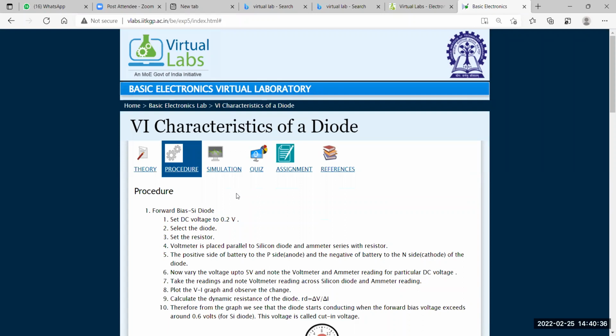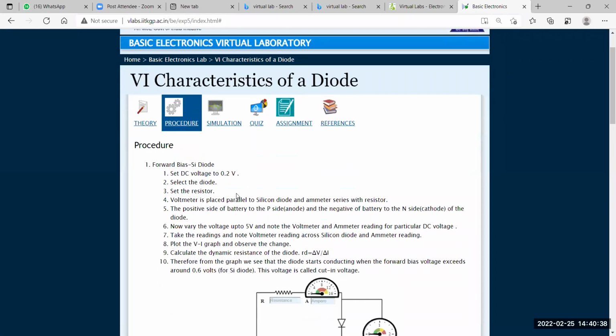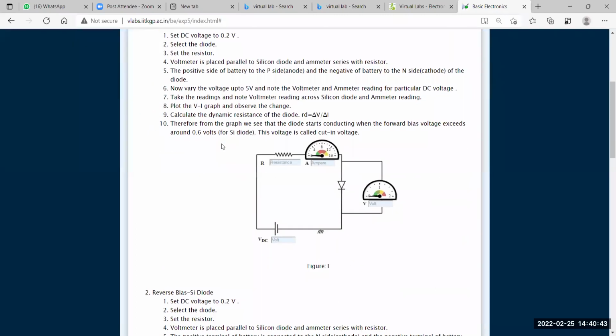Here it is mentioned how to do the simulation process.